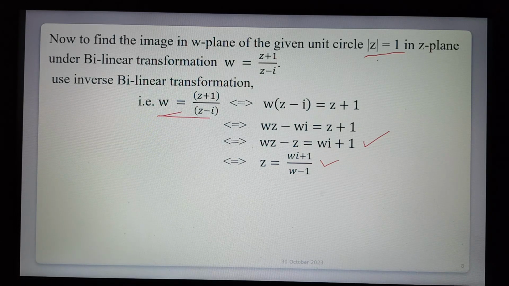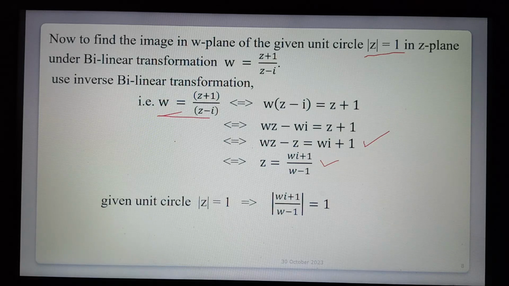Given figure is the unit circle mod z is equal to 1, but z is equal to wi plus 1 by w minus 1, which is equal to 1. W is in the codomain. Substituting, mod of wi plus 1 is equal to mod of w minus 1.